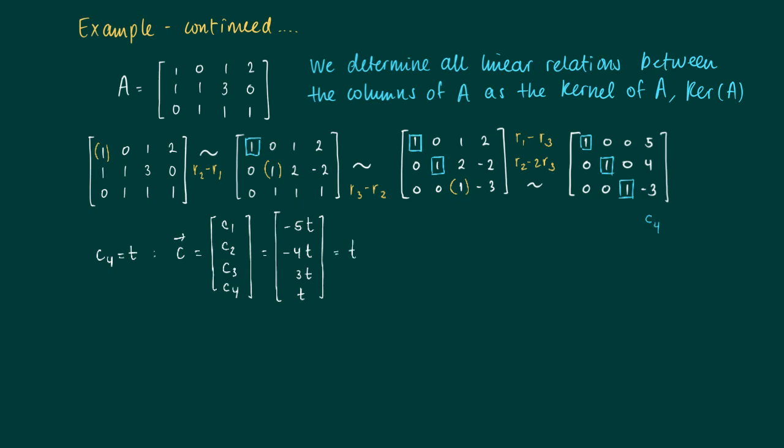So all linear relations are given by all multiples of the vector -5, -4, 3, and 1. So the kernel is actually the span of the vector -5, -4, 3, 1.